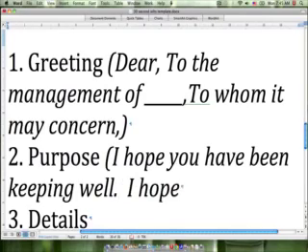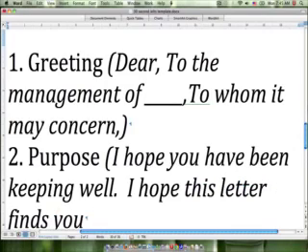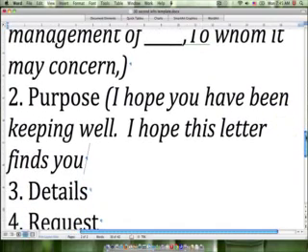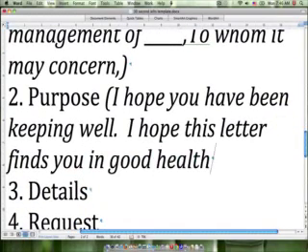Or I hope this letter finds you in good health. So these phrases would start the purpose section if we are writing to a friend.